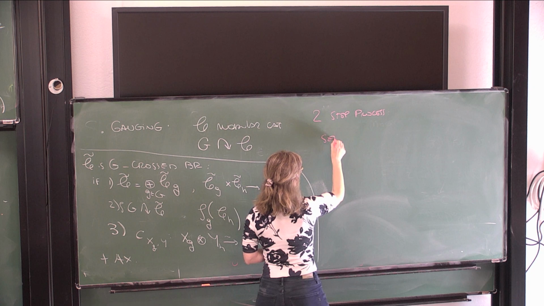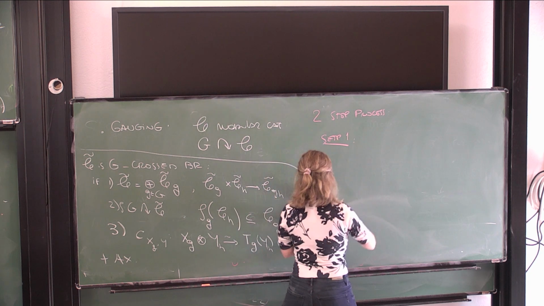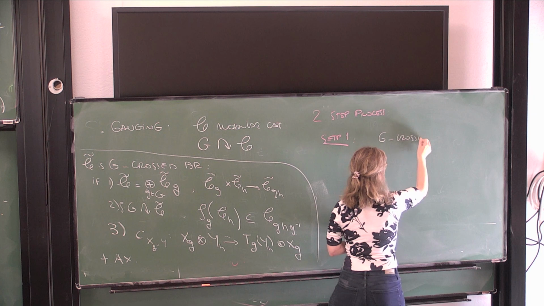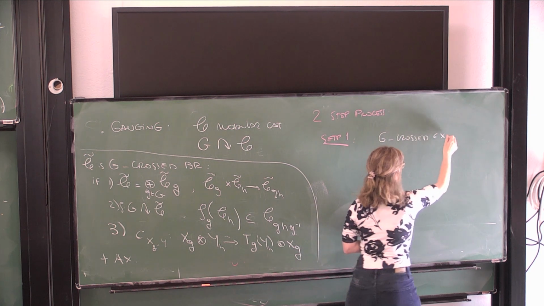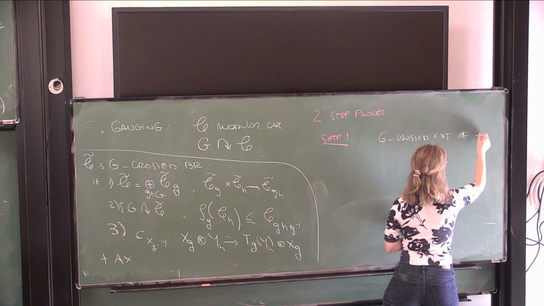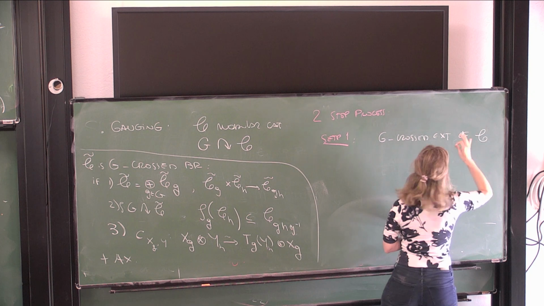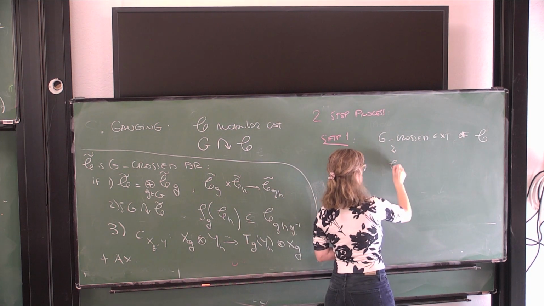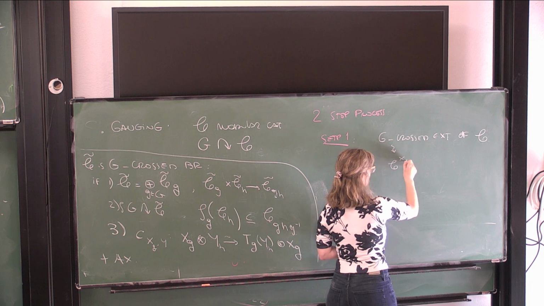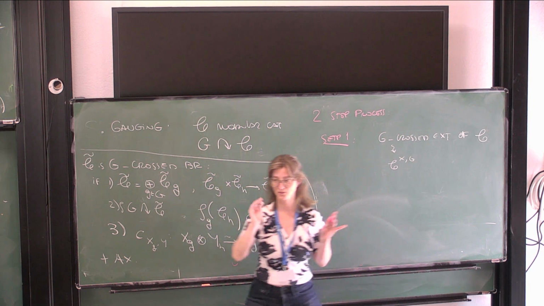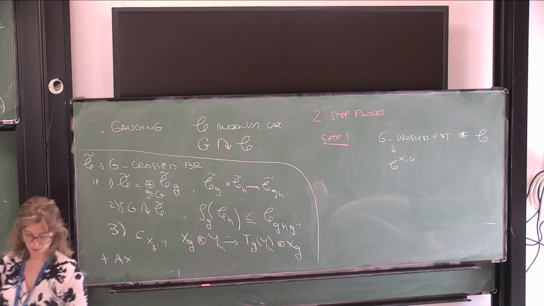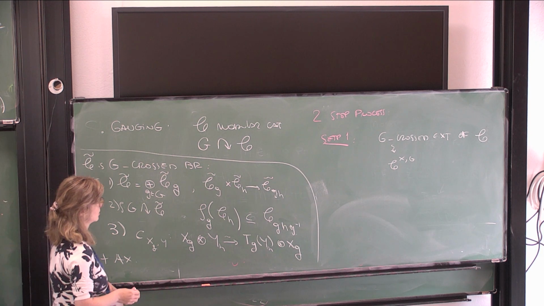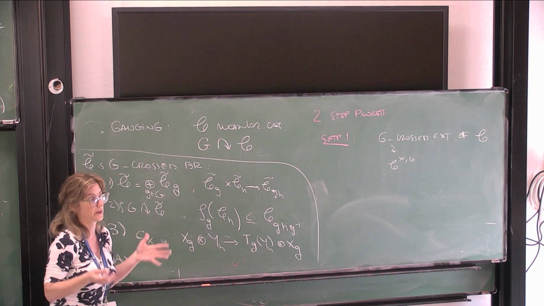So step one is a G-crossed extension of, we call it C. So we get something that we call this. I don't know if this is a good notation, but it was hard to find a notation. Basically it's a G-crossed extension of this using ENO theory.